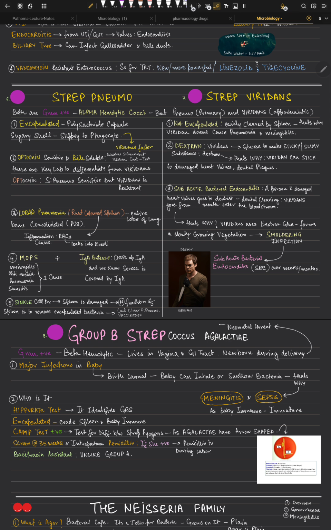This optochin stops the growth of Streptococcus pneumoniae, but it cannot stop the growth of viridans. So that's how we can differentiate between viridans and pneumo. What it actually does is stop the ATP synthesis in the bacteria, especially the proton pump. It is an inhibitor of the proton pump.